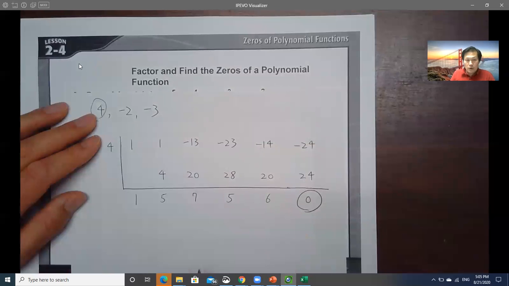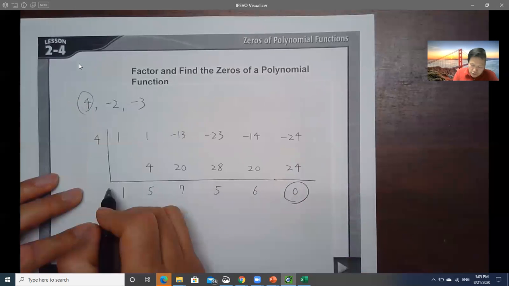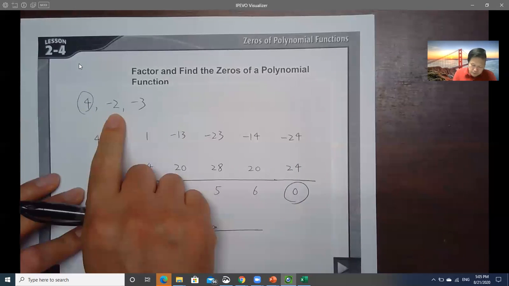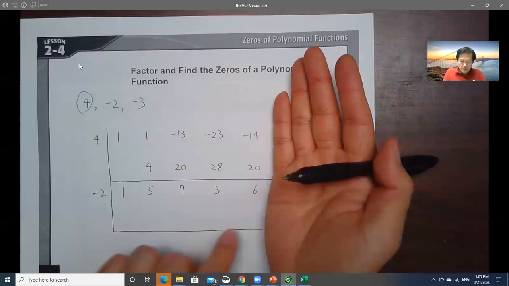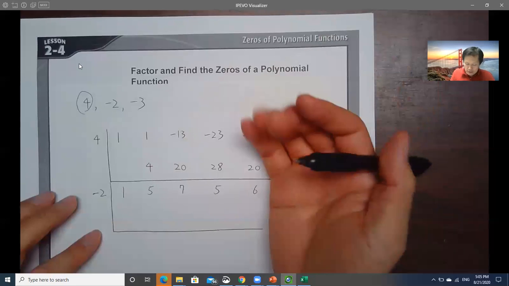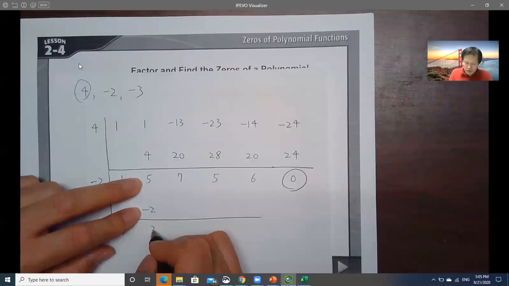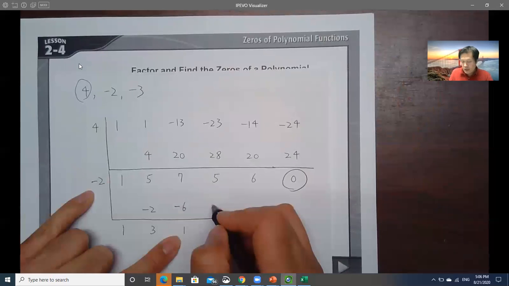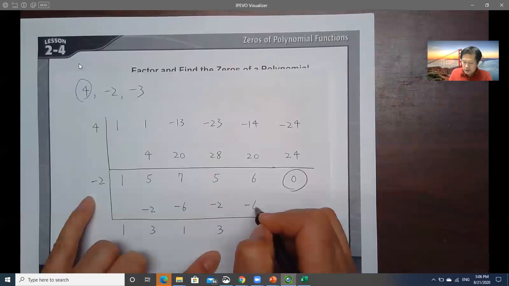Do you remember? You can keep going with leftovers. That's less work for you. So I'm going to continue here with the -2. Adding, multiplying, adding, multiplying, adding, multiplying, adding, multiplying, adding, 0.